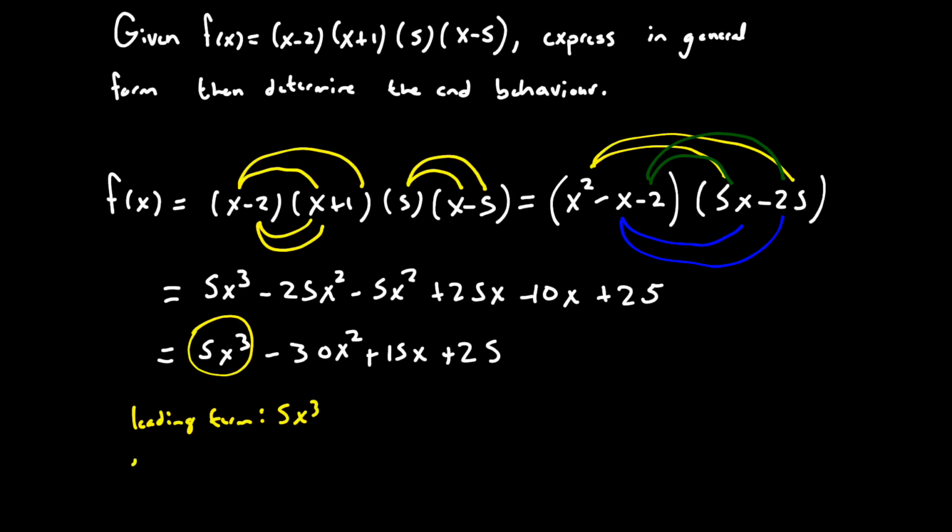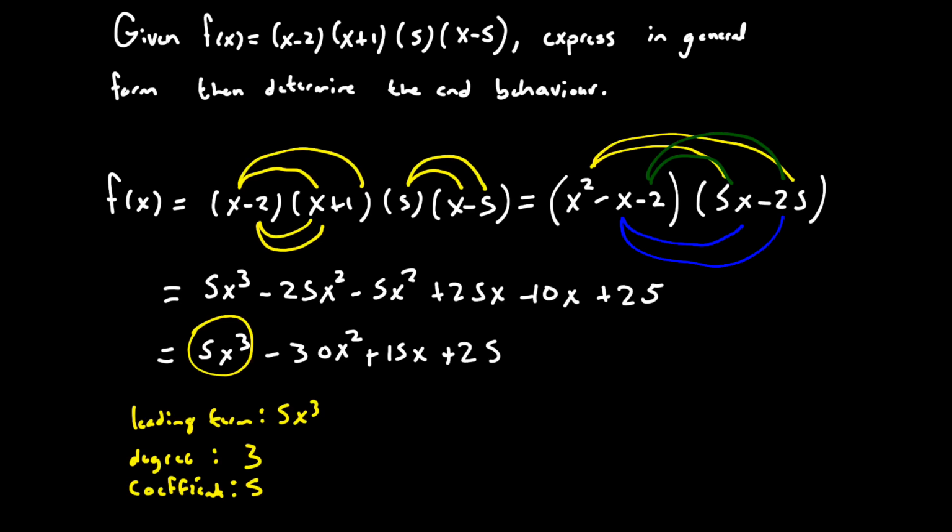The degree of our polynomial is 3, and the leading coefficient is a positive 5. Therefore, the end behavior of our polynomial is determined by this power function here, which means the end behavior of our polynomial will look like the following.